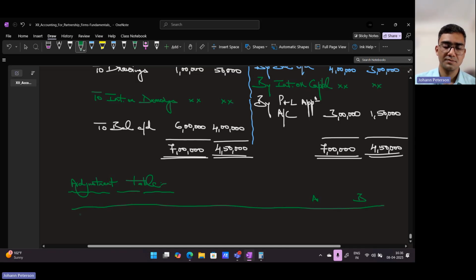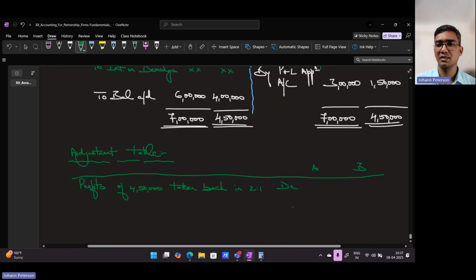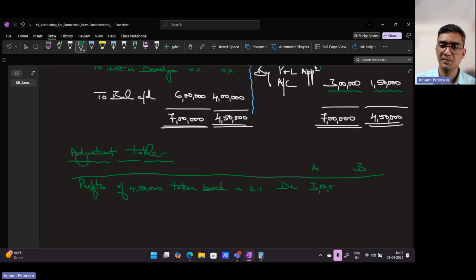So profits of 450 taken back in 2:1. So that means I'm debiting it. If I'm debiting, we know this amount was 3 lakh and 150. So I will write 3 lakh and 150.